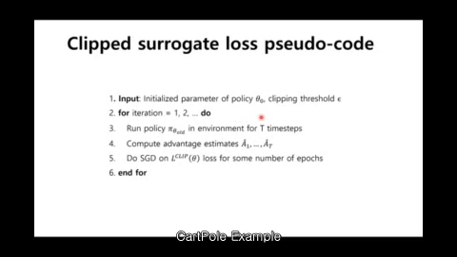First, we run the policy theta old in the environment for T time steps and collect the trajectory. Then we compute the advantage estimates A1 to AT. Then we do stochastic gradient descent on the clipping loss for some number of epochs and update.